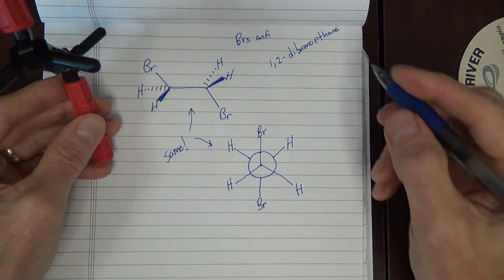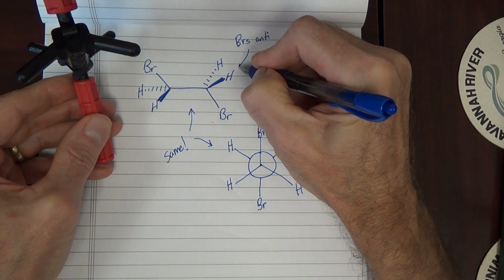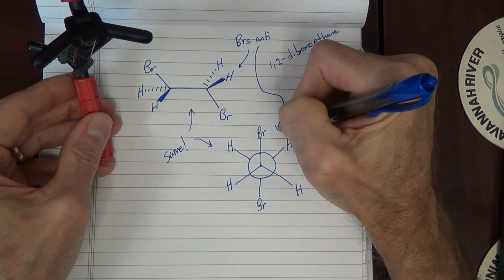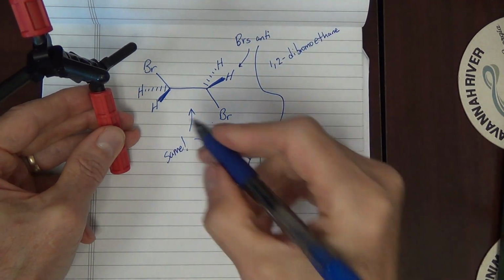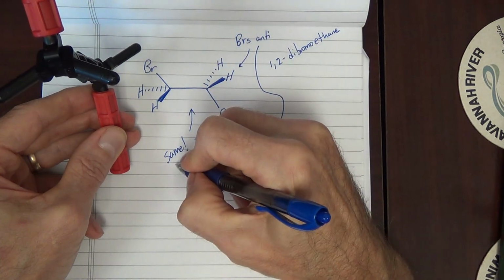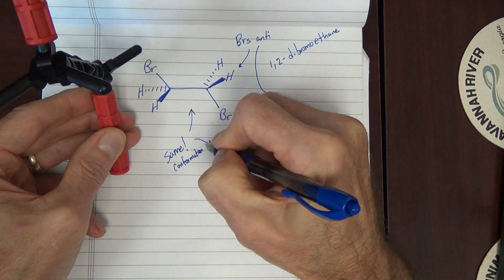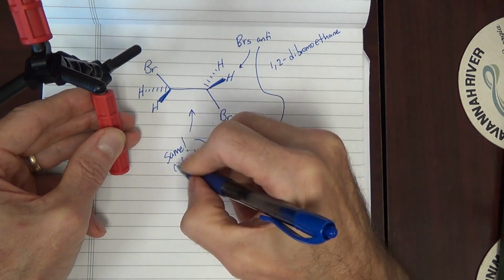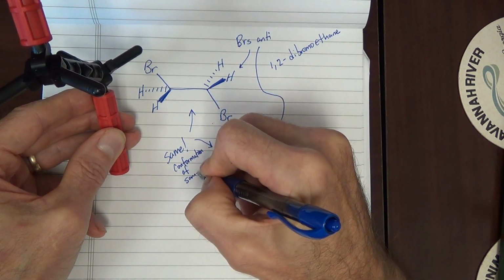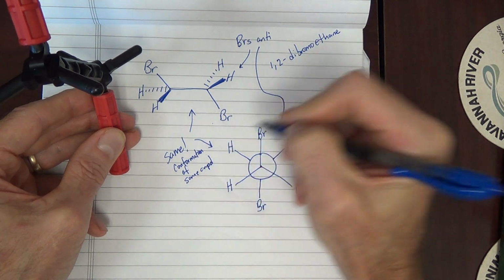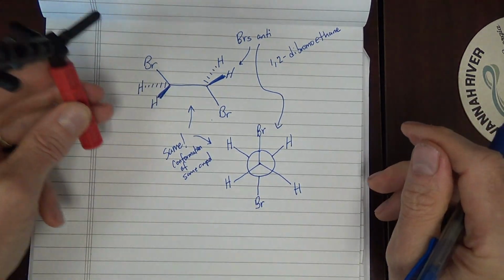Okay, bromines are anti here. Well, they're also anti here. Not only are these the same compound, I have the same conformation. Same conformation of the same compound. Okay?